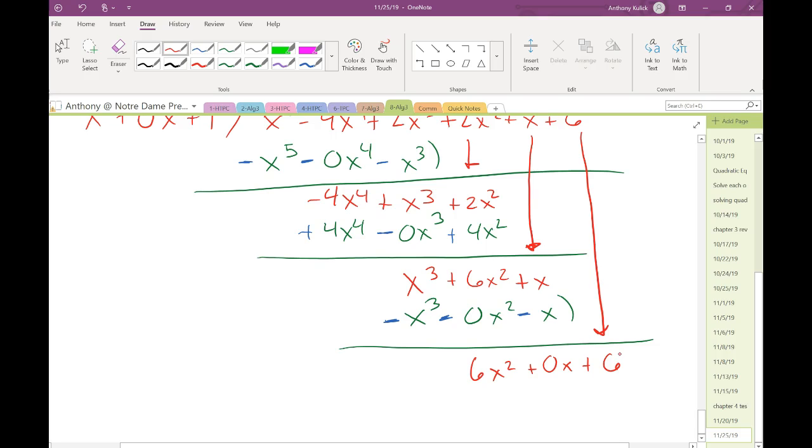Notice that I still wrote a 0x there. Again, I don't usually write the zeros if it's the first thing, but if there's something in between two terms, definitely want to make sure I put the 0 there. Again, just to make sure things line up correctly. Yeah, Juan?